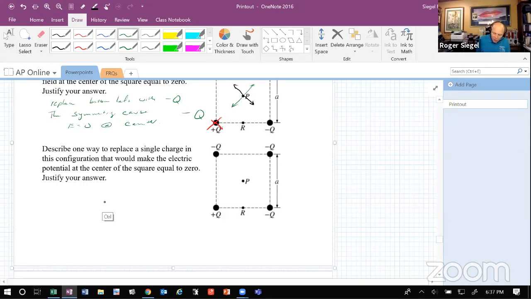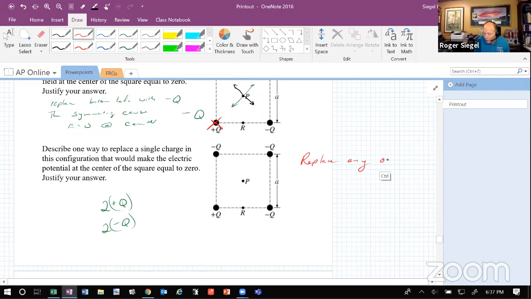So if we have 2 plus Q's and 2 minus Q's, and they're all equidistant from the center, that's going to do it. So I can replace any one minus Q with a single plus Q.